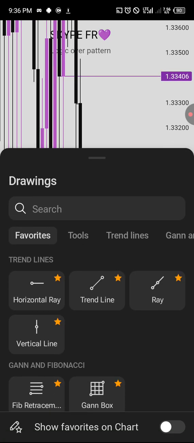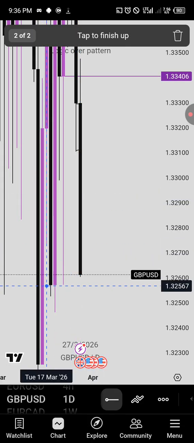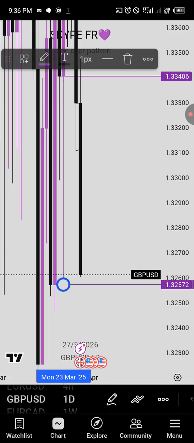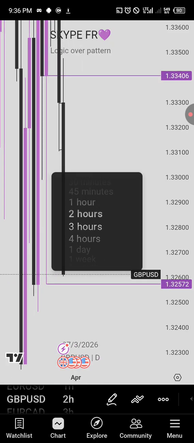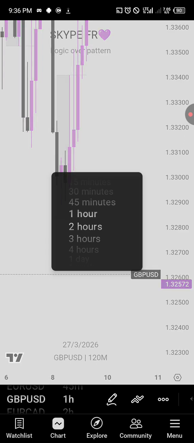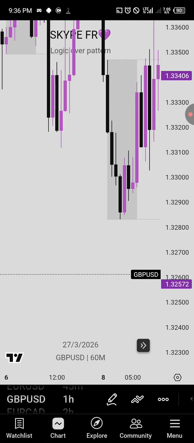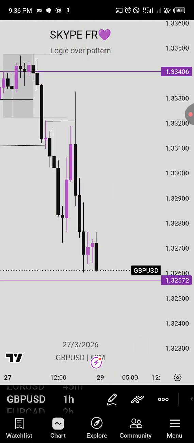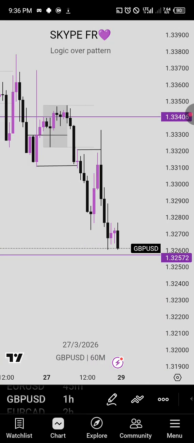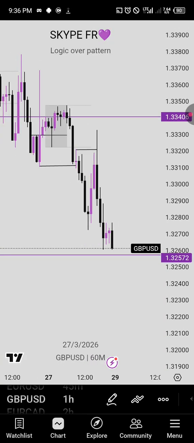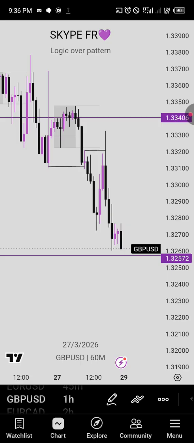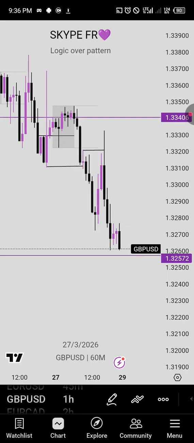This is the opposing key level, but then I'll be looking at this. So we have our breakout structure and inducement, but we don't have our clear order block, by the way.